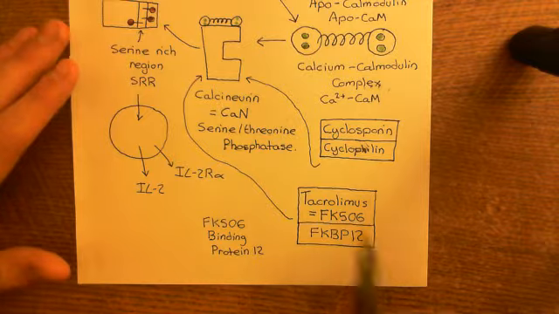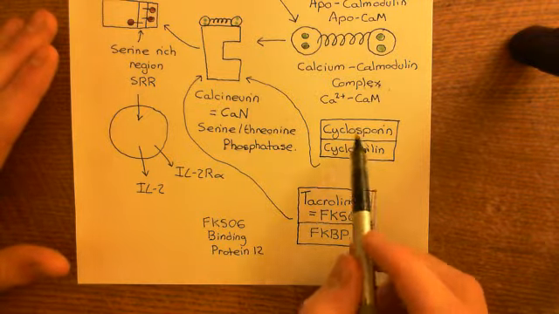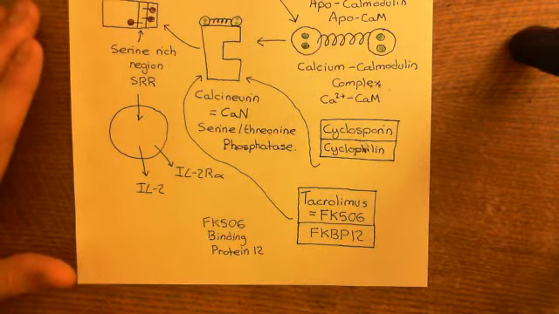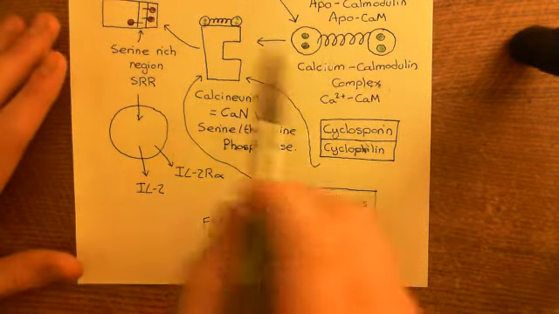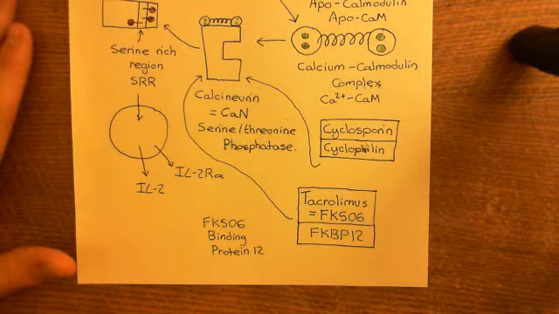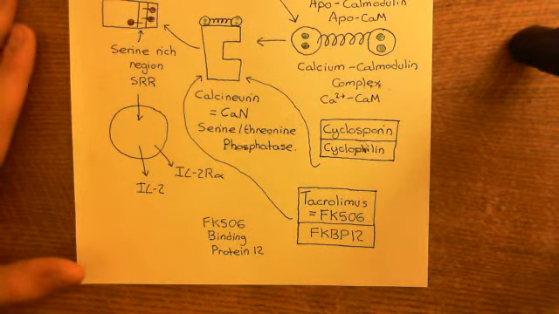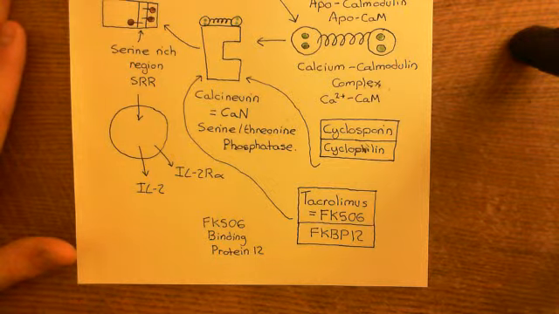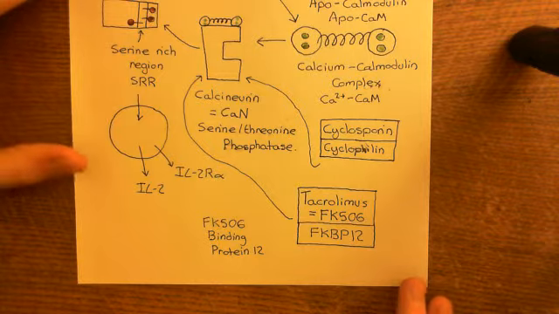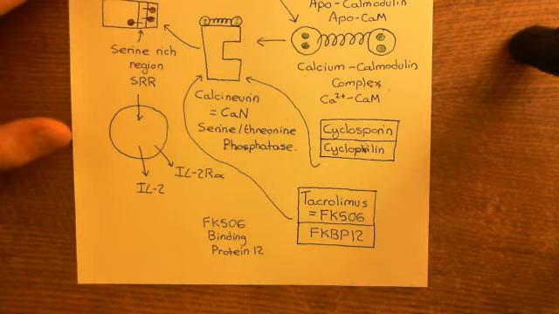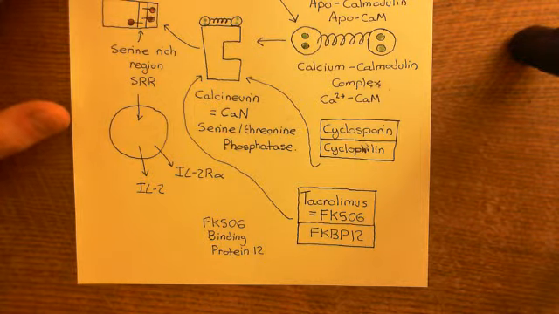Just like the cyclosporine cyclophilin complex, when the calcineurin has this Tacrolimus FKBP12 complex bound to it, even if a calcium calmodulin complex comes and binds to it, it will not become activated, and therefore you won't remove the phosphate groups from the serine residues in the serine-rich region, and therefore you will not activate the nuclear factor of activated T cells within this T cell, and the T cell will not be induced to express increased levels of interleukin-2 and interleukin-2 receptor alpha.